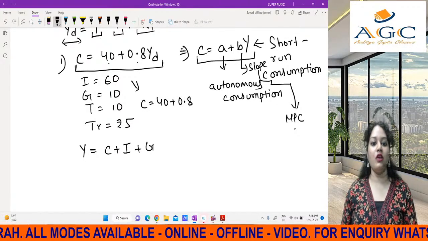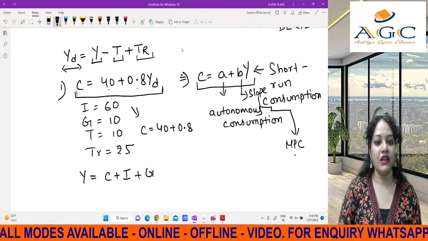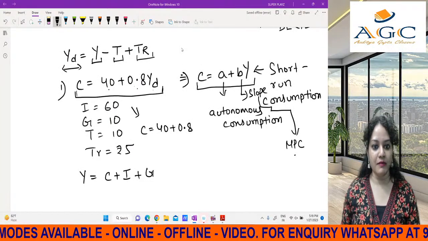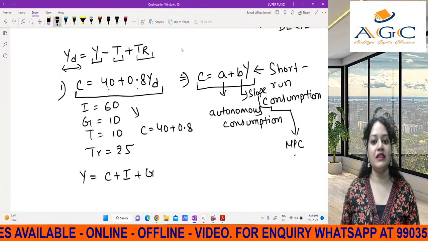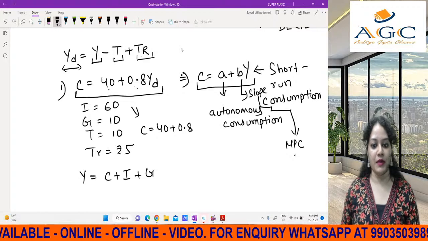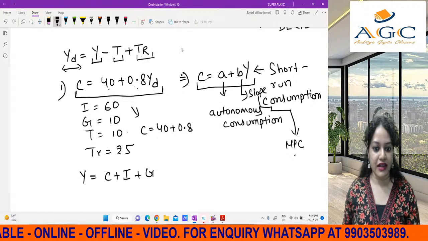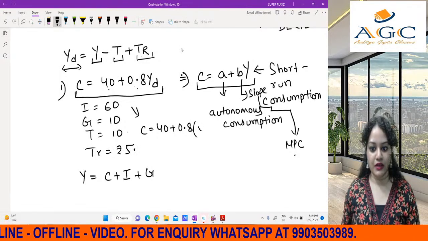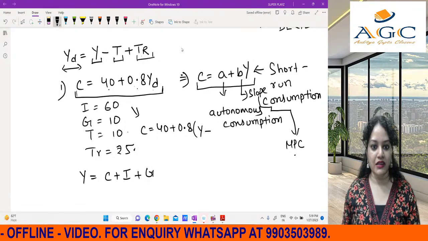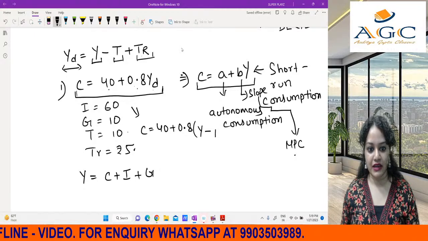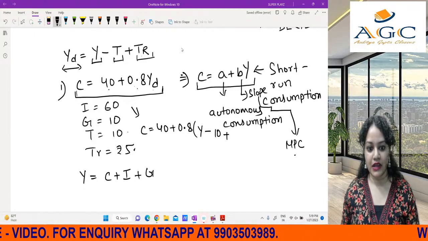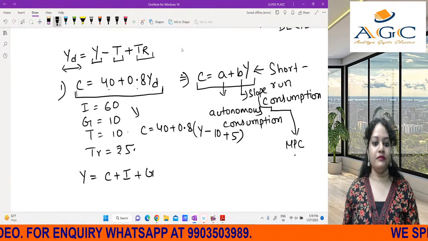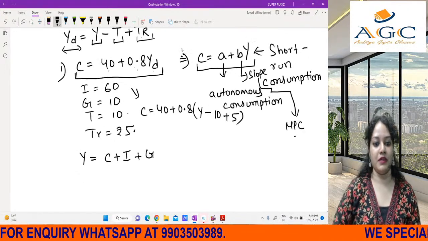Now what do we know our YD's formula is? YD is equal to our income minus our tax plus our transfer payments, and we have our tax and transfer payment here. So what we will do here, we will take Y minus our tax, that is 10, and plus our transfer payment.